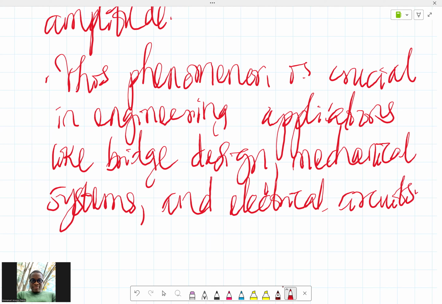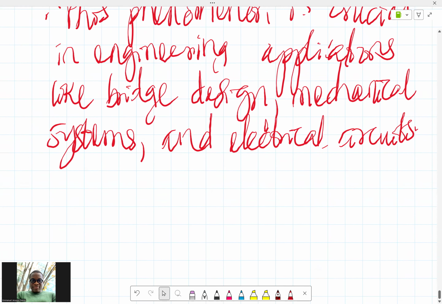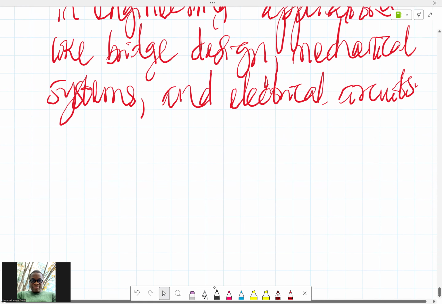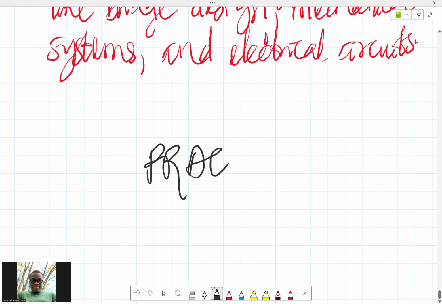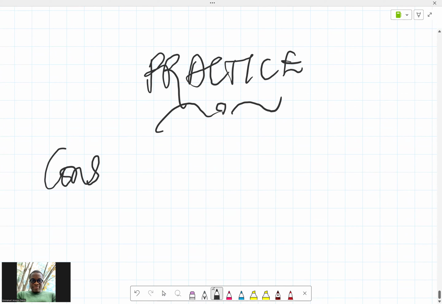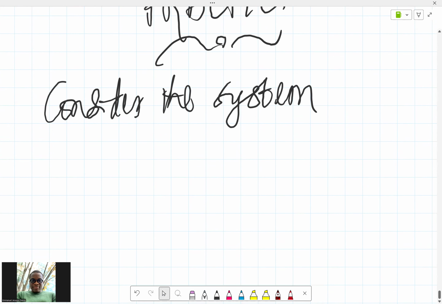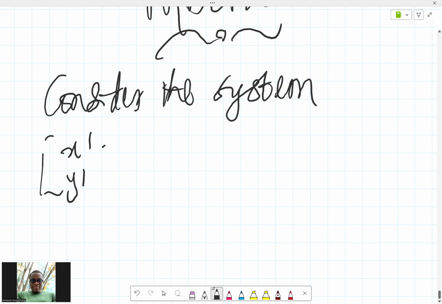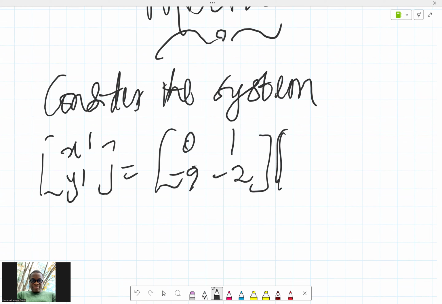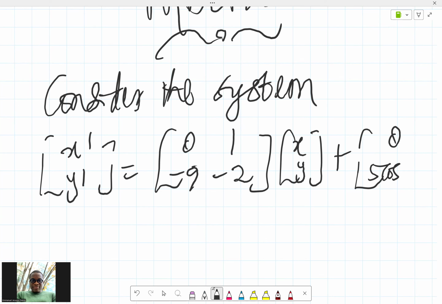Let's just drop one practice question, and that'll be all for now. Just one practice question. So consider the system x prime, y prime equals the matrix 0, 1, minus 9, minus 2 times x, y, plus 0, 5 cos 3t.